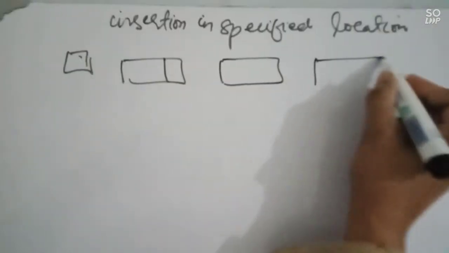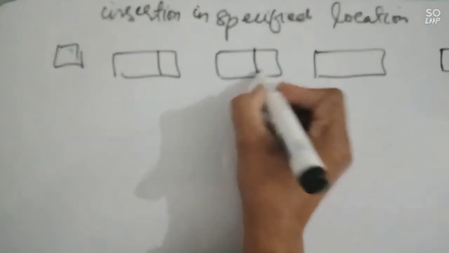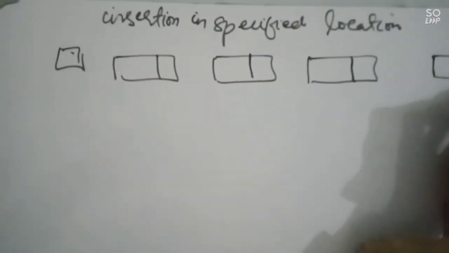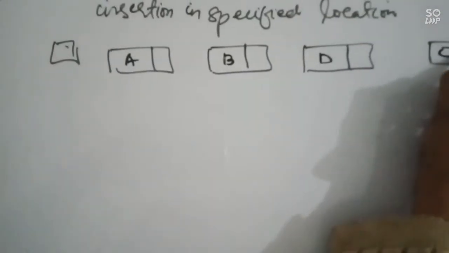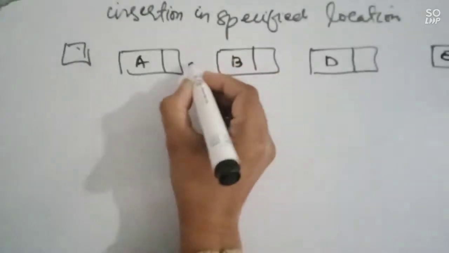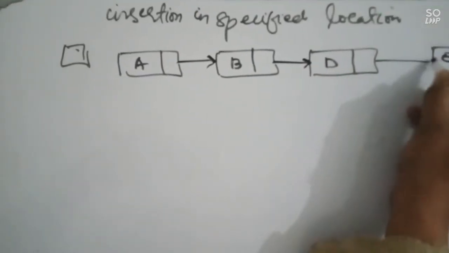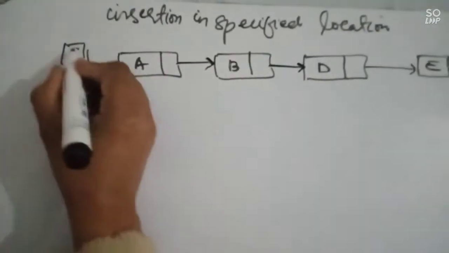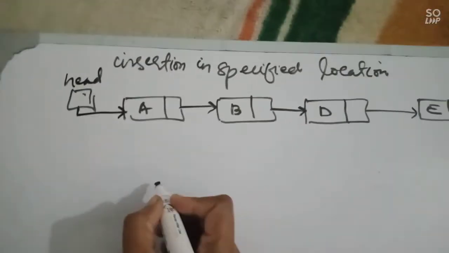Look at it like this. These nodes contain some information in them. Suppose A, B, D and E, and they are connected with each other. And this is a head pointer which is pointing to the first one.